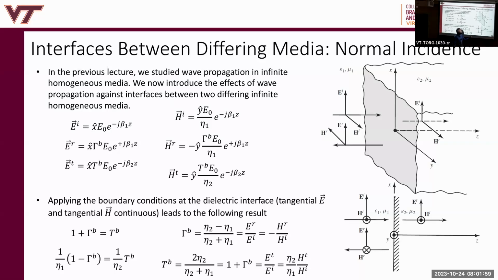In this case, they're normally incident plane waves. We have an incident plane wave traveling in this direction, incident upon the interface. And it's polarized in this direction, which we call the x direction for now. The way to set up these problems is we assume that there are two other waves in general. There is a transmitted wave into medium 2.